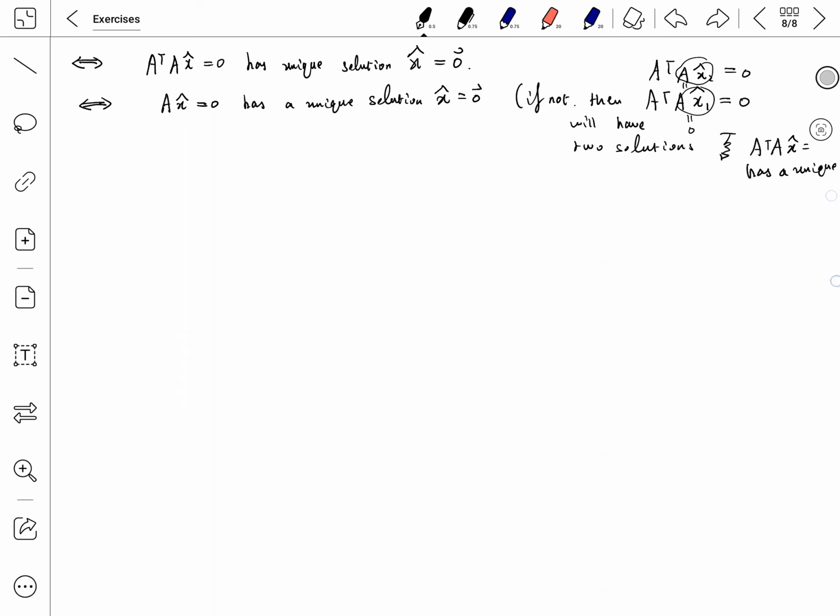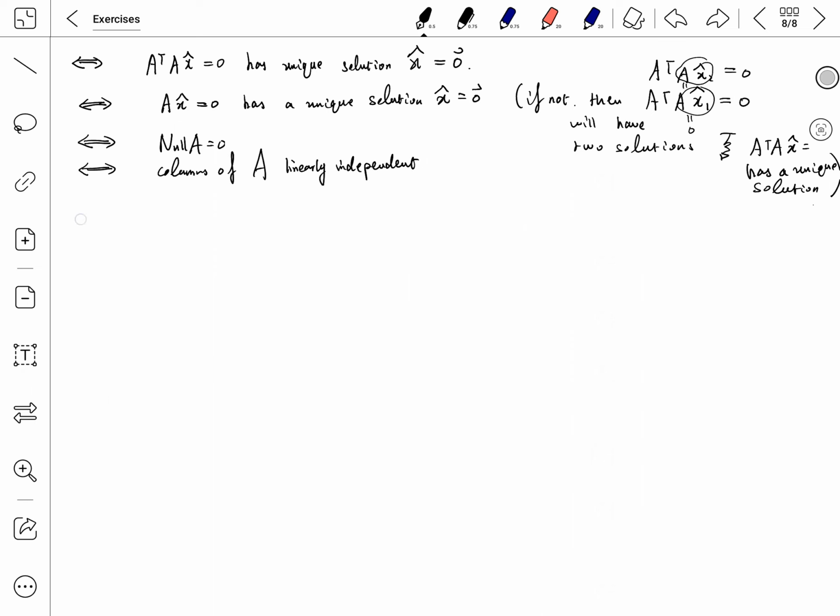But when this has a unique solution, this is equivalent to the null space of A equals 0, and hence the columns of A are linearly independent.